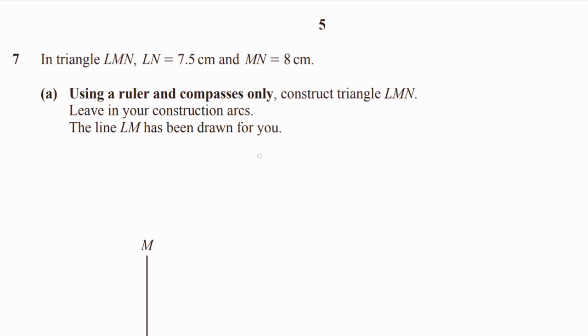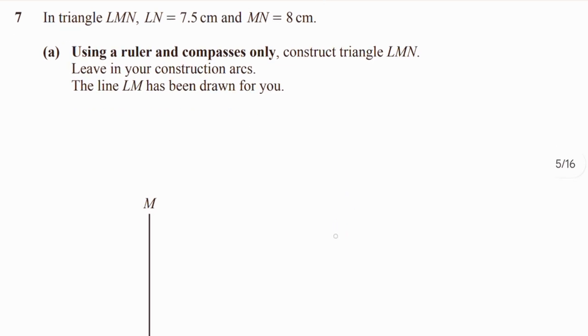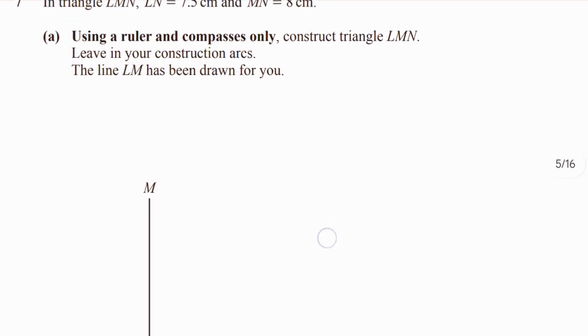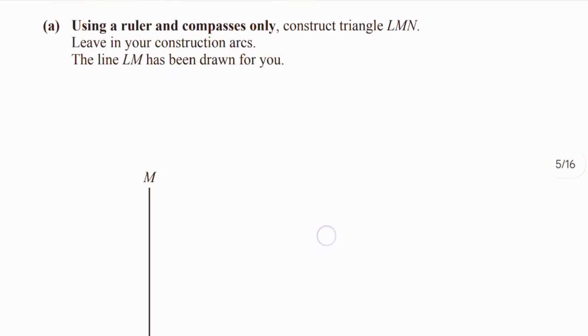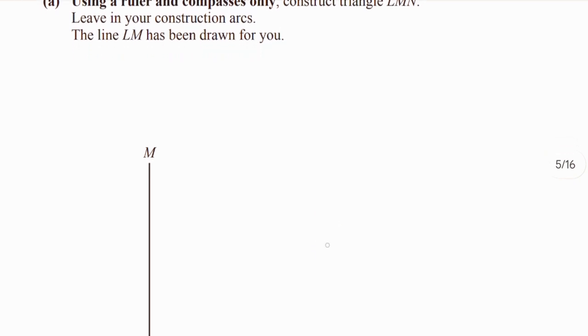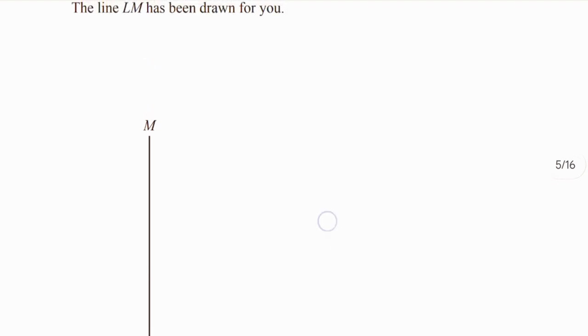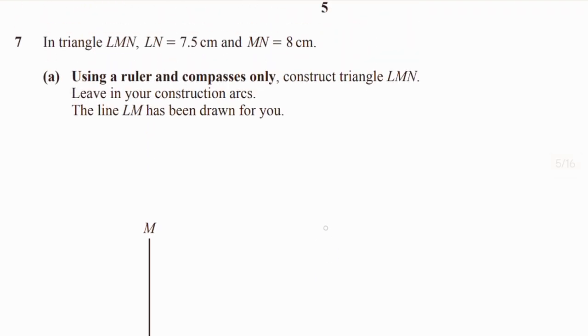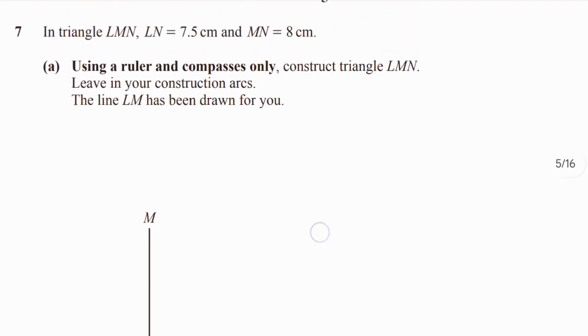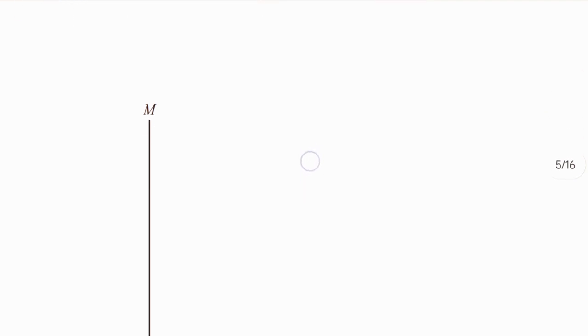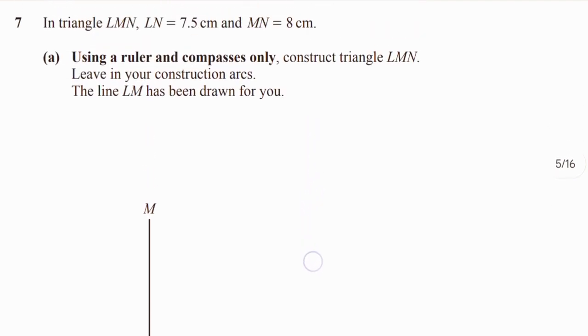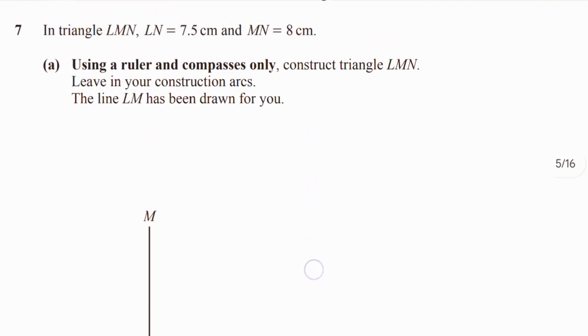So in triangle LMN, LN is given as 7.5 and MN is given as 8 centimeters. Using the ruler and compass only, construct the triangle. Leave your construction arc lines. MN is given, and LM has been drawn for you.